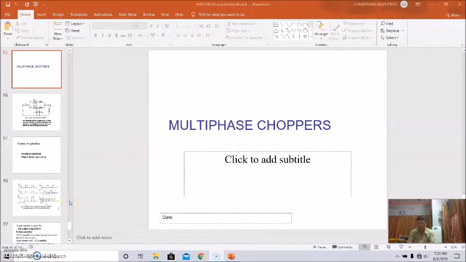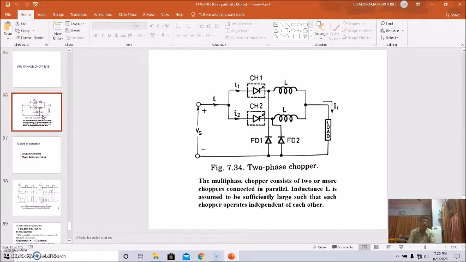Now we'll start a new topic, the multi-phase chopper. A multi-phase chopper consists of two or more choppers connected in parallel, operating at the same frequency but with a proper phase shift.